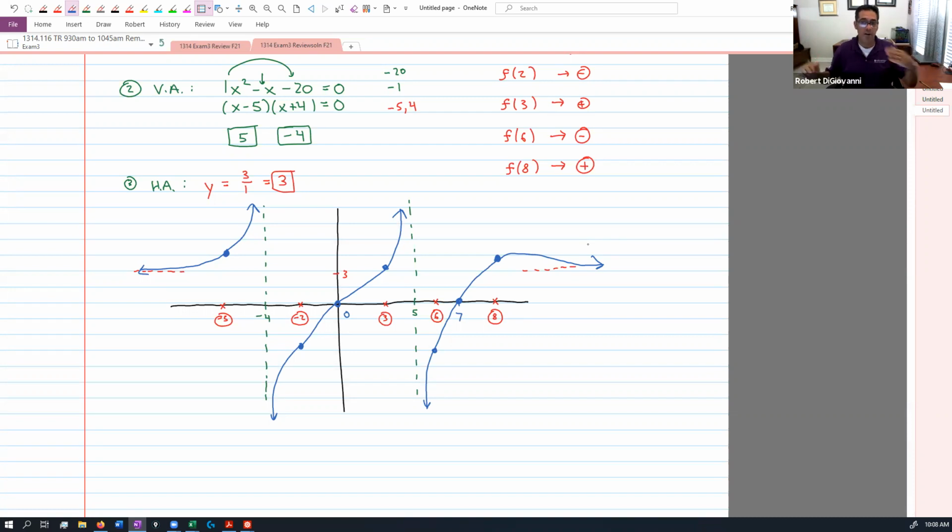Everywhere I have a barrier, I have to go up or down. I had to connect these 3 points together and these 3 points together. All right, we move on.